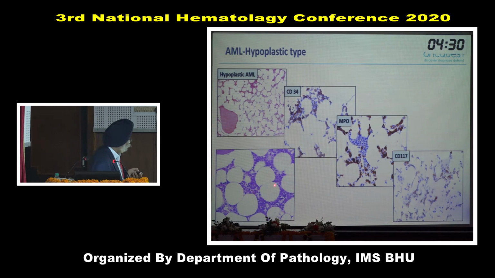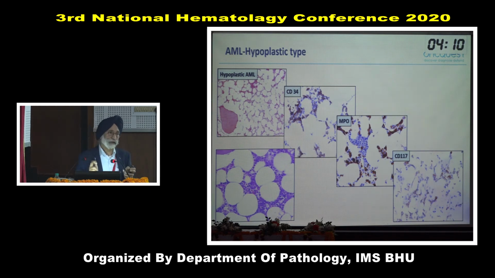However, instead of lymphocytes and plasma cells which we find in aplastic anemia, what we find are scattered large cells in clusters which appear blastoid. So unless you do CD34, we may miss this diagnosis.